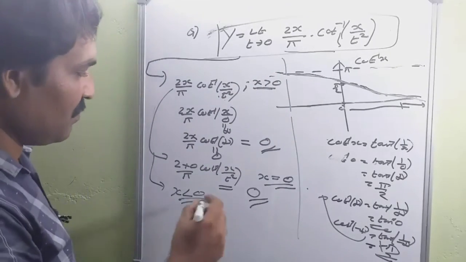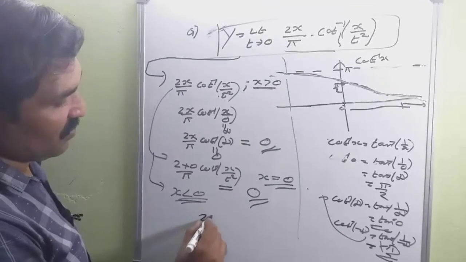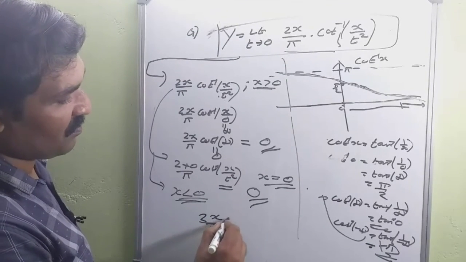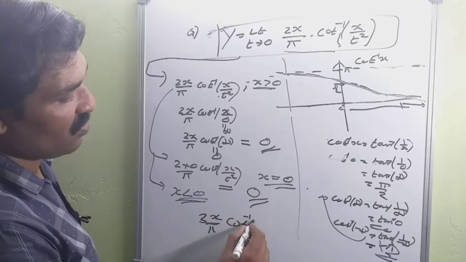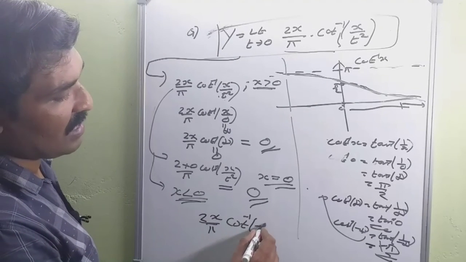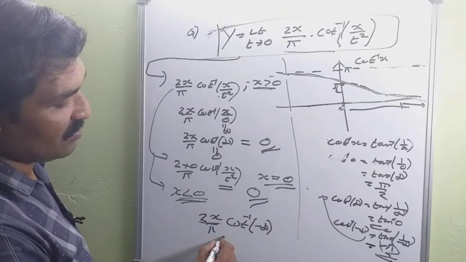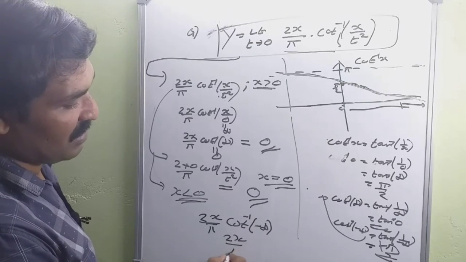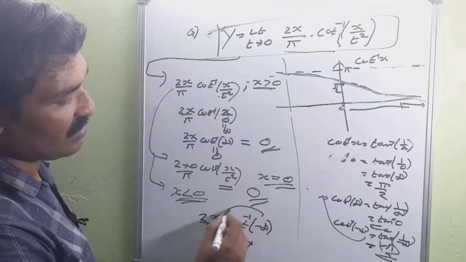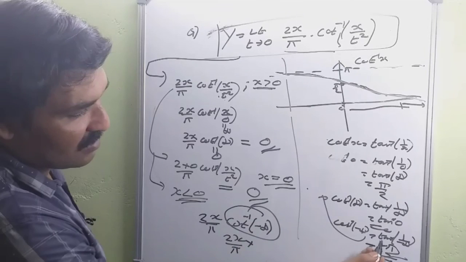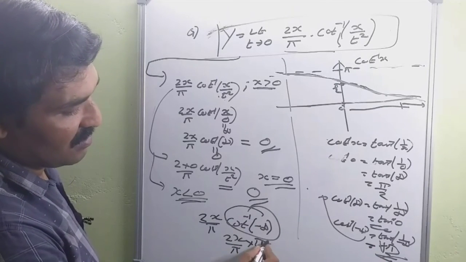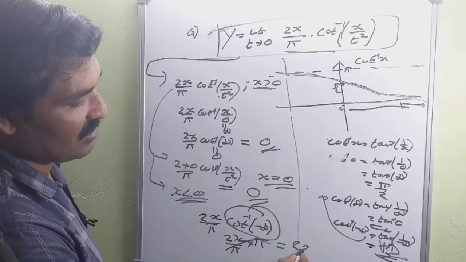So this becomes 2x by pi into cot inverse of minus infinity, that is equal to 2x by pi into pi. Pi and pi get cancelled, so this is equal to 2x.